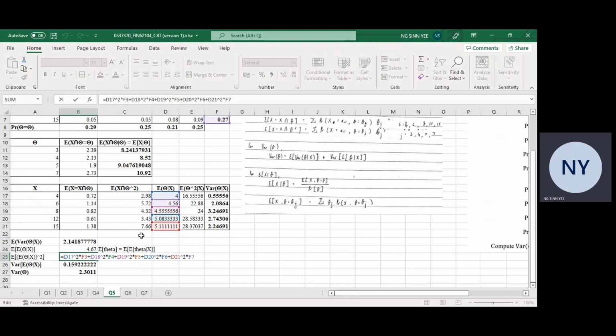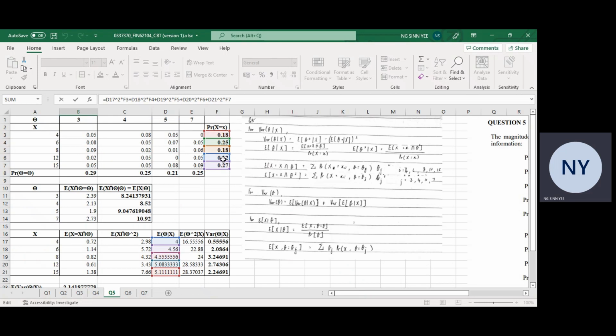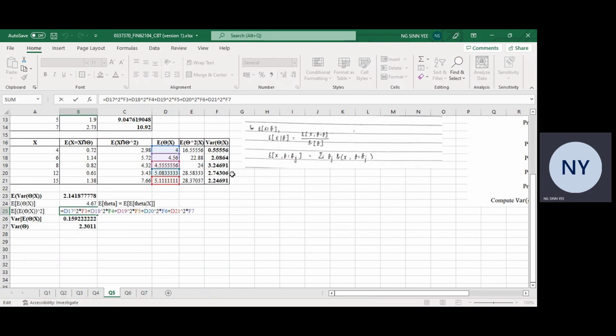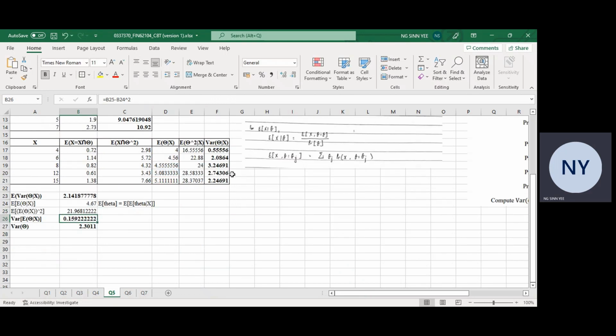So we just need to view this conditional expected value inside the bracket as a variable, and we could just do it as usual. So we just square the expected value of data conditional on X and multiply it with the probability of X, and we will be able to find this expected value as well.